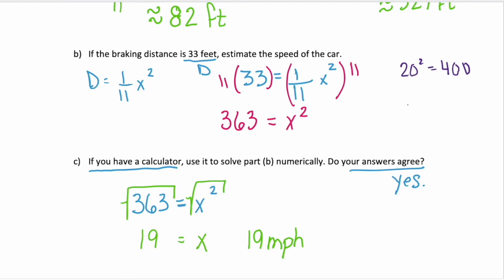So my x squared, that's 363, is going to be some value smaller. So then if I check 19 squared, well, 19 squared is 361. So we know that 363 is a lot closer to 361. So x is going to be roughly 19.